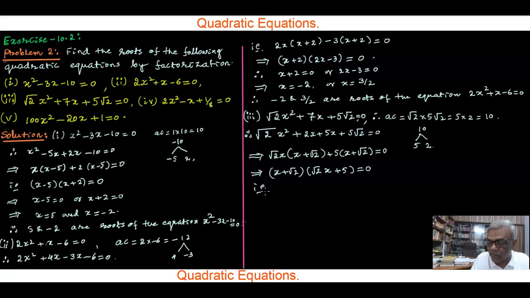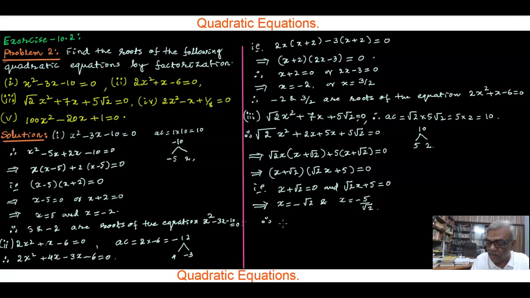In the same way as we have done in the earlier two examples, x plus root 2 is equal to 0 and root 2 x plus 5 is equal to 0. Solving these two linear equations, x is equal to minus root 2 and x is equal to minus 5 by root 2.